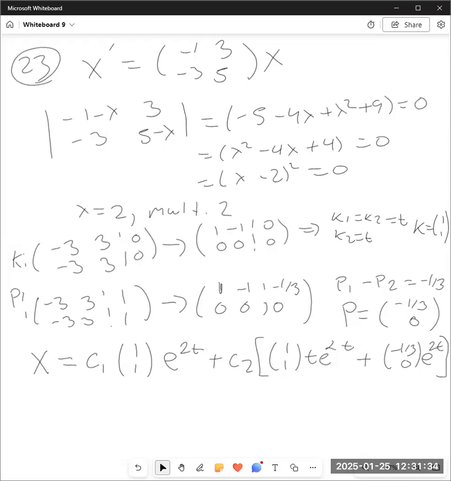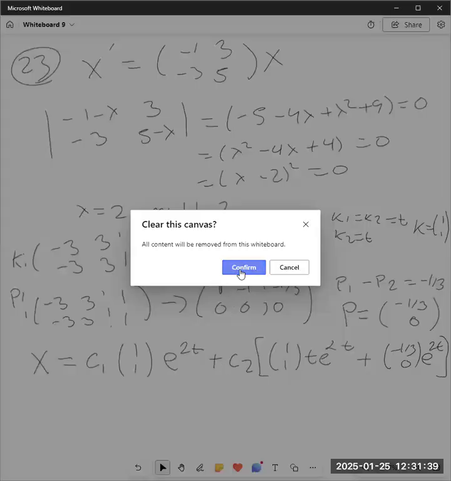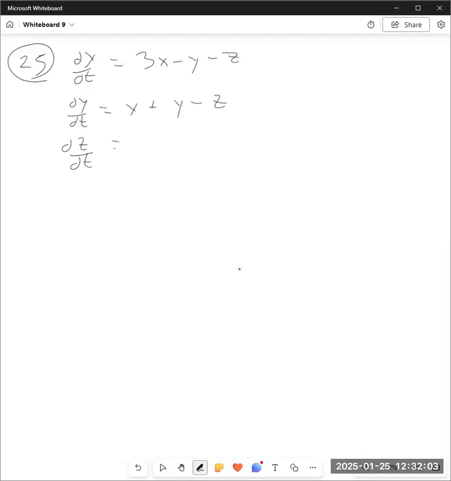All right, let's look at number 25 now. And 25 is dx/dt equals 3x minus y minus z. dy/dt is equal to x plus y minus z, and dz/dt is equal to x minus y plus z.